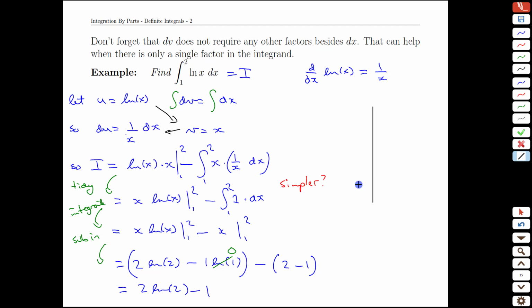And what that tells us, we do have a visual for this. The graph of ln of x, from the point 1 over to the point 2, the area underneath the graph of ln of x on the interval from 1 to 2 is this region here, and that region there has the exact area of 2 ln 2 minus 1.